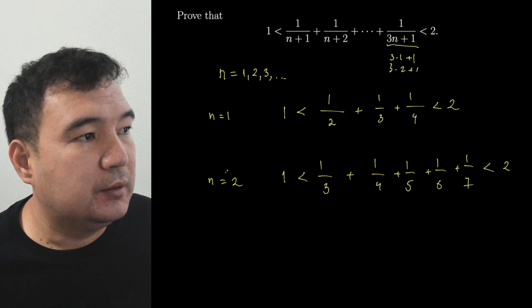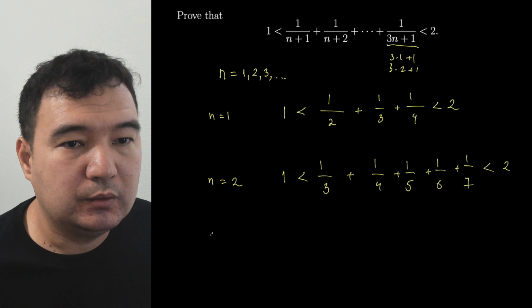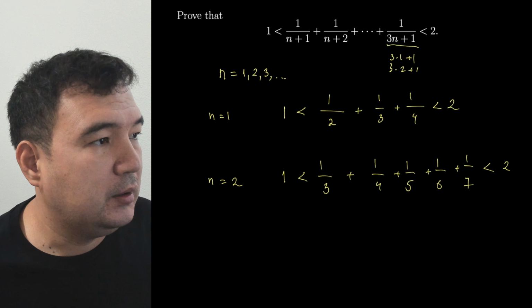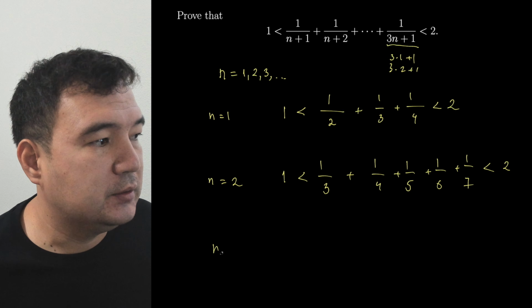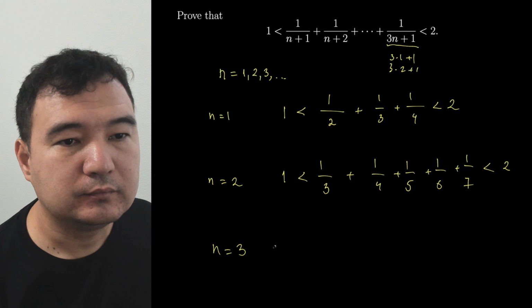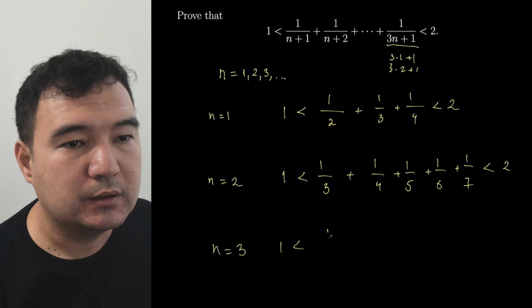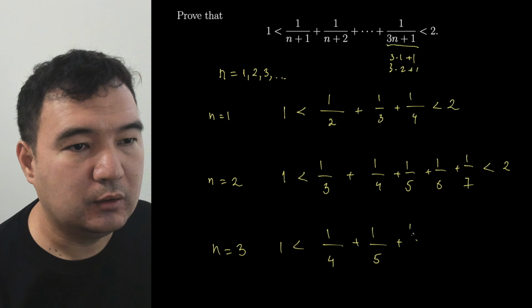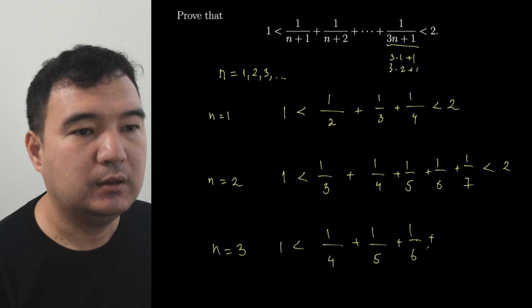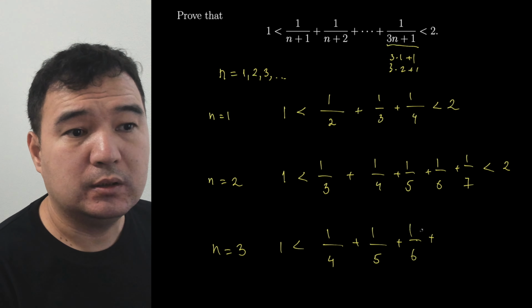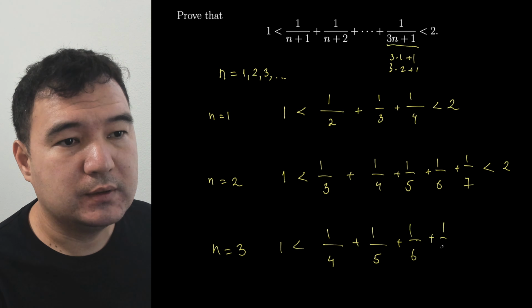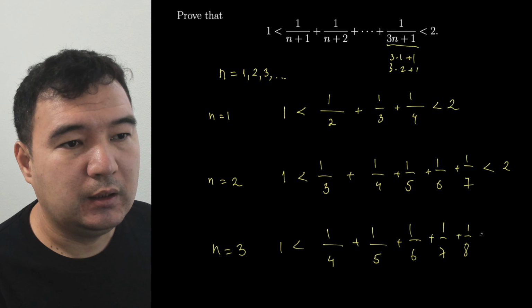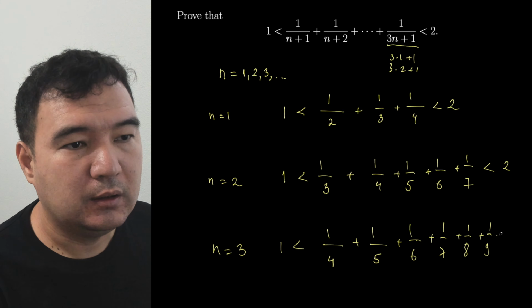How about n equal to 3? We start with 4 and go up to 3 times 3 plus 1, it goes up to 10, right? 1 over 7, 1 over 8, 1 over 9, and 1 over 10.